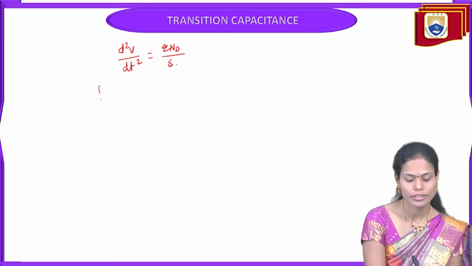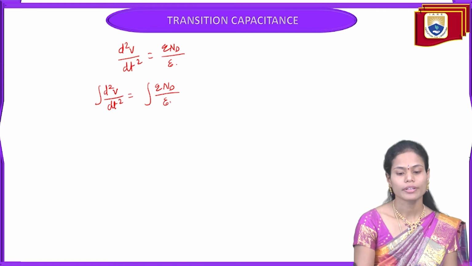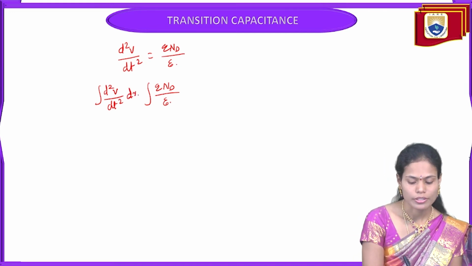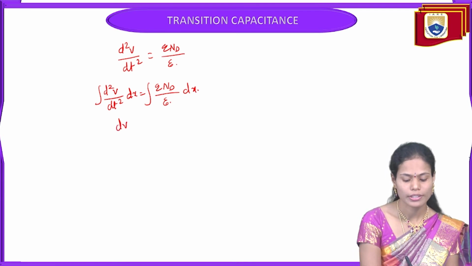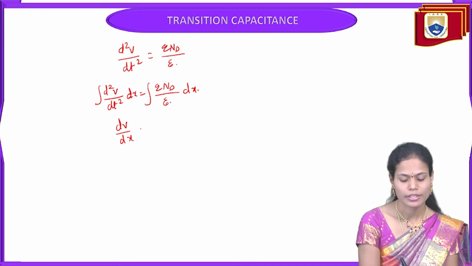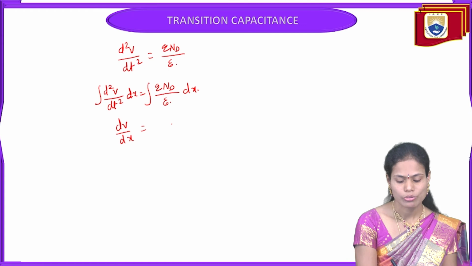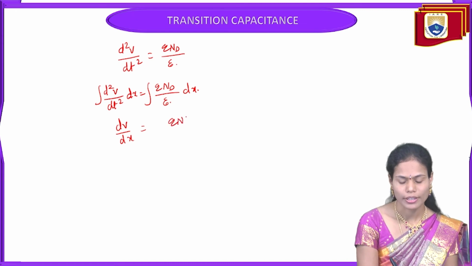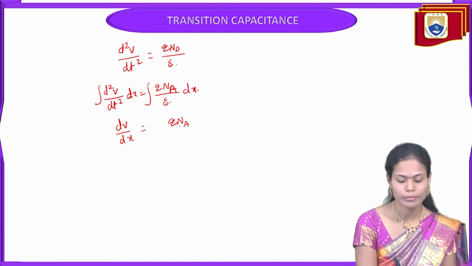So if we integrate it, d square V by dx square equals the integration of Q Nd by epsilon. Sorry, here it is dx. So we get dV by dx, because integration gets cancelled with differentiation, equal to Q Na by epsilon into x.